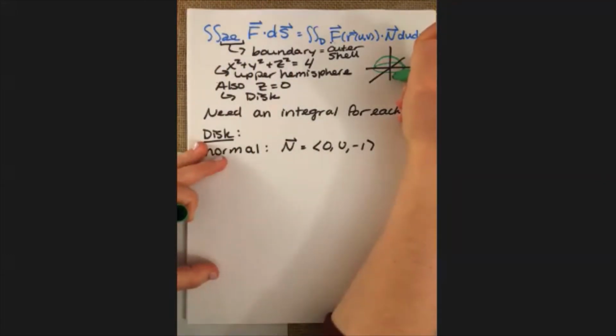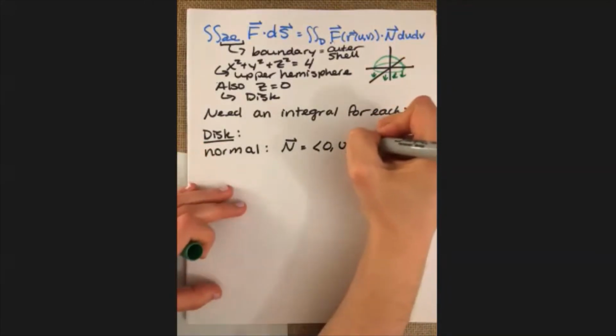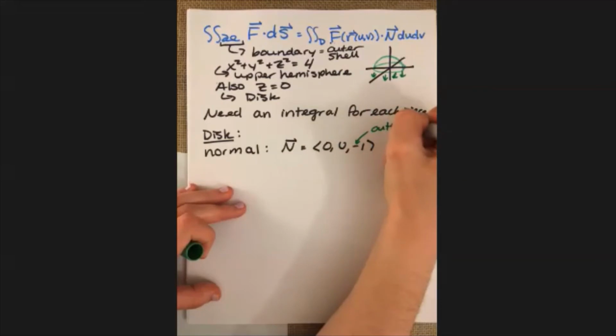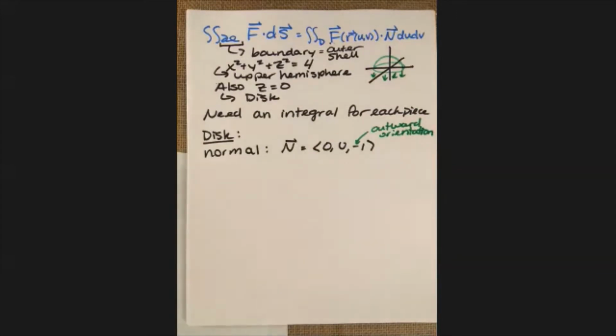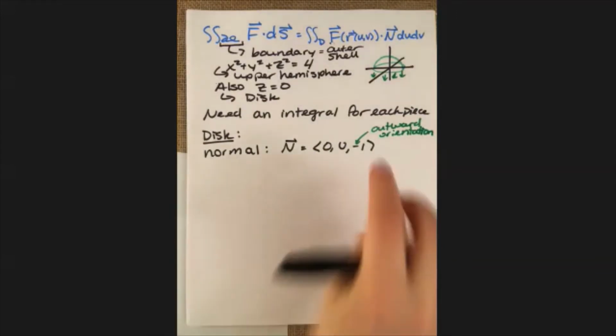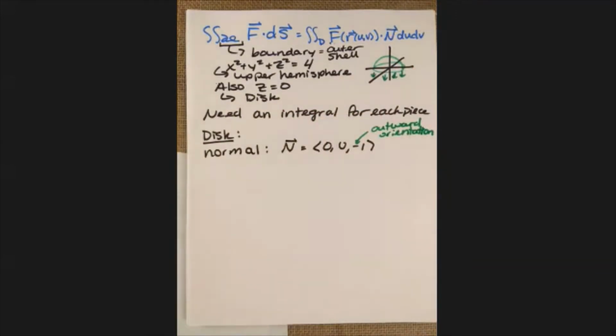So it's only going to have a z component because we want it to point either straight up or straight down. And because we need the outward orientation in order to do the divergence theorem, we're going to take the negative version of that.